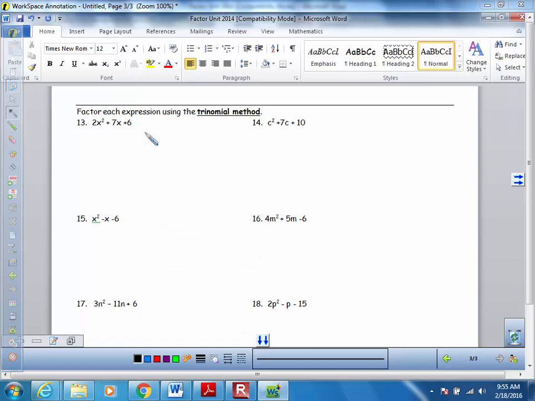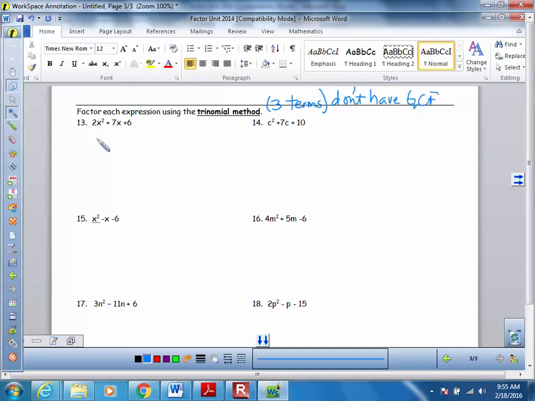So the last factoring type that we learned about is the trinomial method. And we use that when we're given 3 terms that don't have a GCF. So if you're looking at number 13, 2, 7, and 6 don't have a GCF other than 1, and not all of them have x's, so that means we're going to have to do trinomial method.